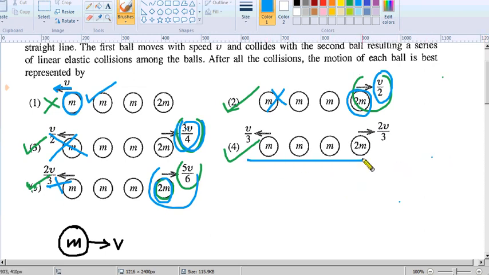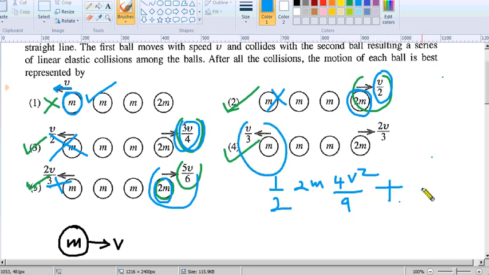Now let us check this final one. First let us write this one. Half, mass is 2m, velocity squared 2 times 2 is 4, v squared divided by 3 times 3 is 9, then plus this value, half m v squared divided by 3 times 3 is 9.